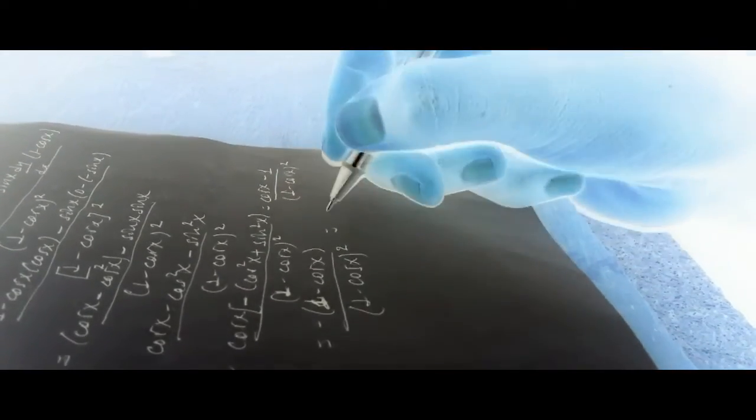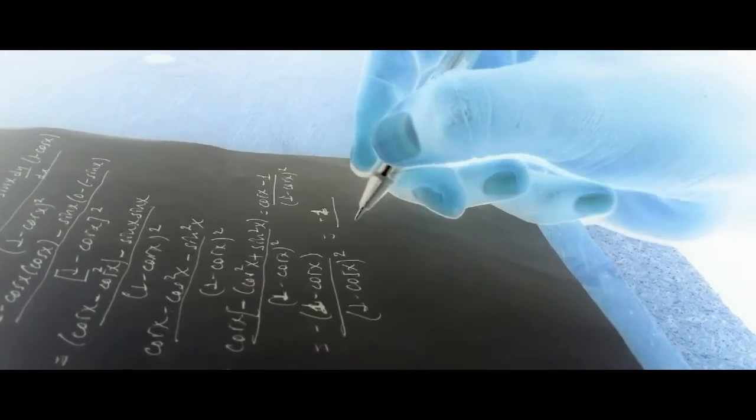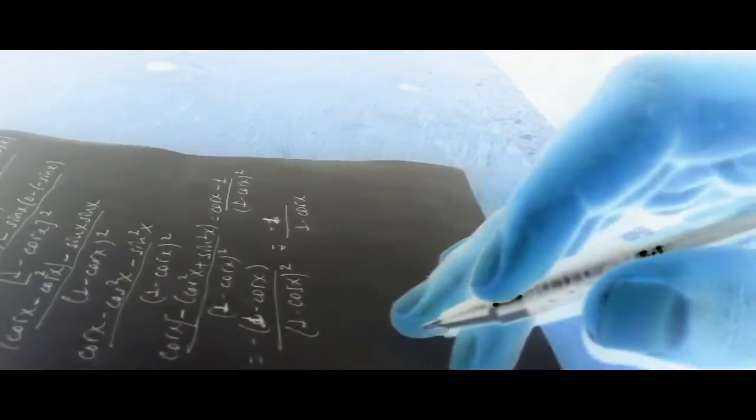Since we have a common term, we can cancel. We get minus 1 over 1 minus cos x. This is the derivative, or the first derivative, of the function with respect to x.